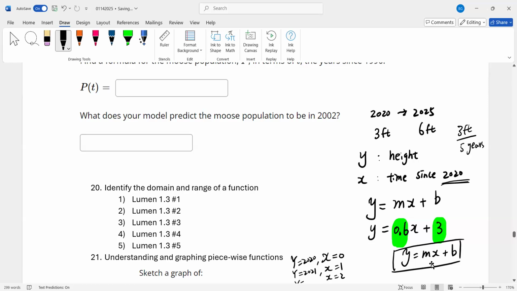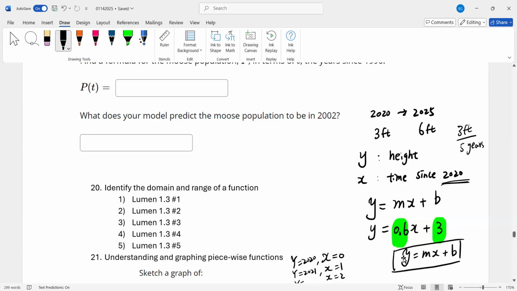Let's say x is the time. When x goes by a year or goes by a day, depending on the situation, the change in the dependent variable, the change in y. So m here is the rate of change in the dependent variable every time x changes 1 unit. And b here is the initial value of y.